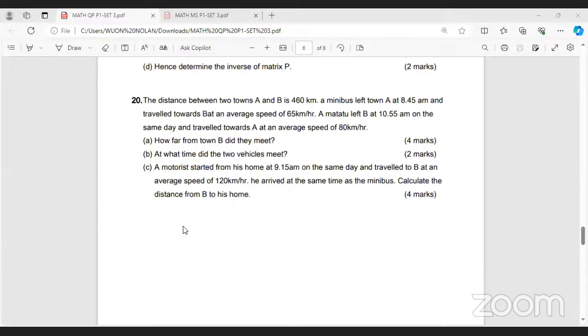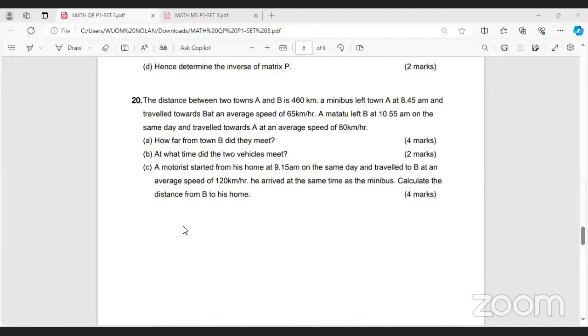Now, for the motorist also to arrive there at 3:50, we subtract 9:15 from 3:50. So you convert to 24-hour system, 15:50 minus 09:15. You will get 6 hours 35 minutes.